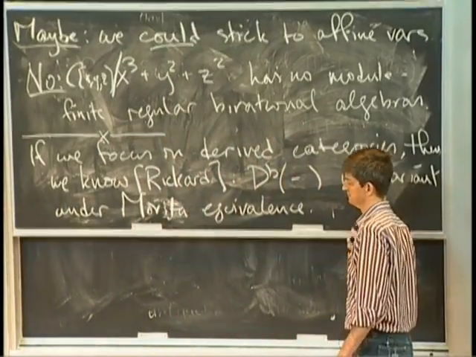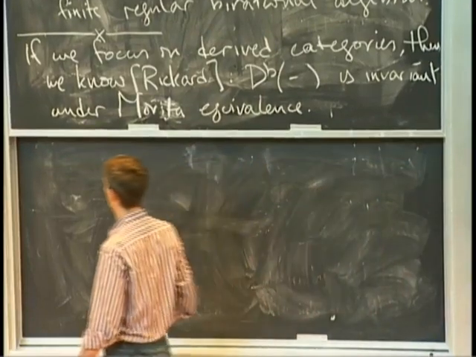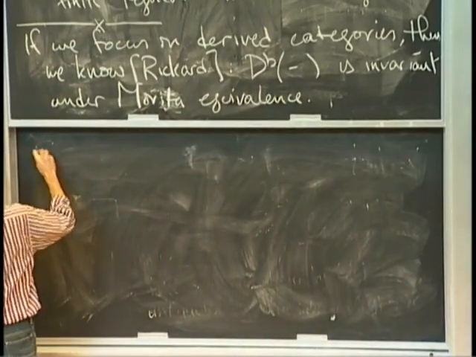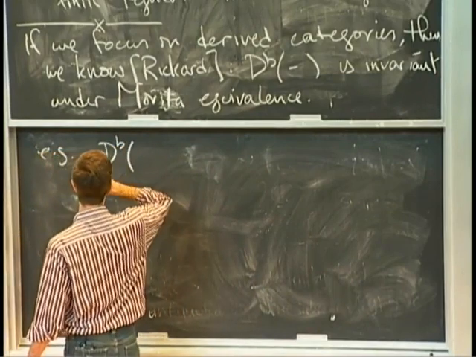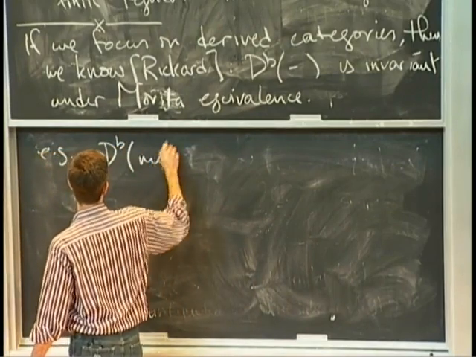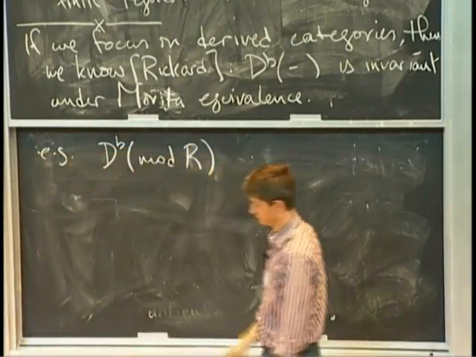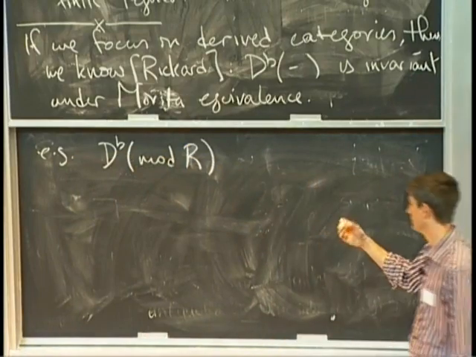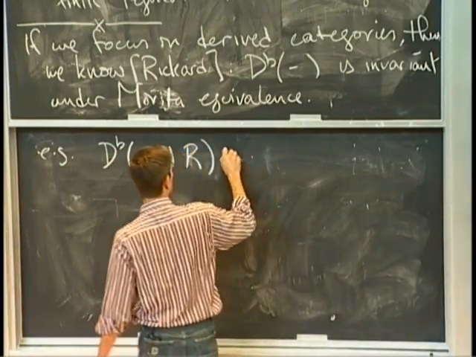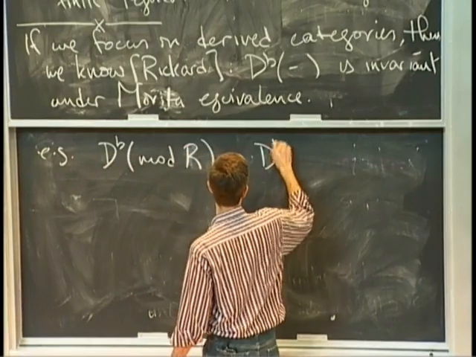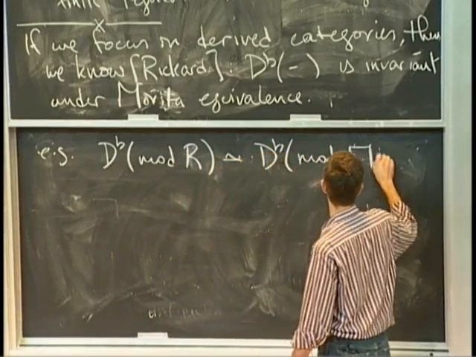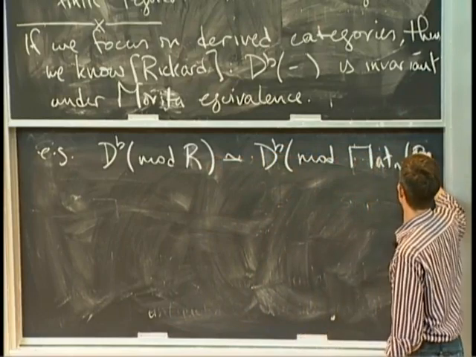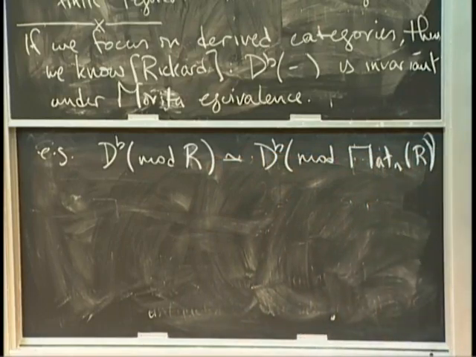So in particular, the bounded derived category of modules over some ring, say finitely generated if you like, is equivalent to the same category of n by n matrices over that ring, just as an example.